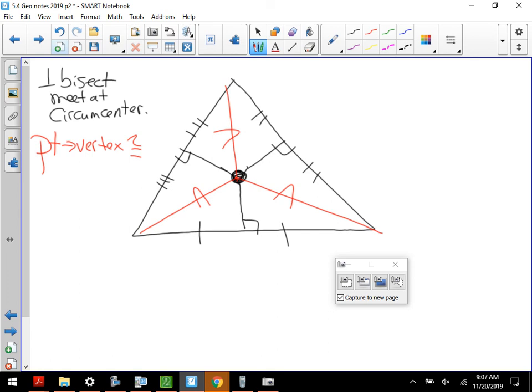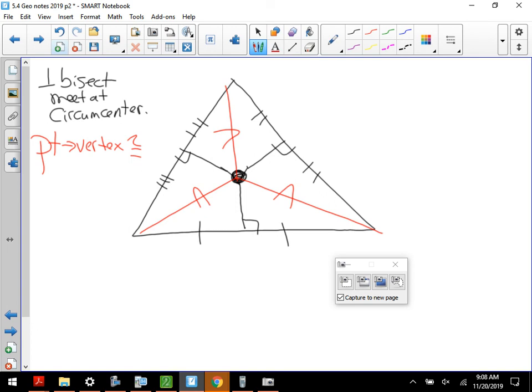By using what we know now, the centroid remembers where medians intersect. Excuse me.